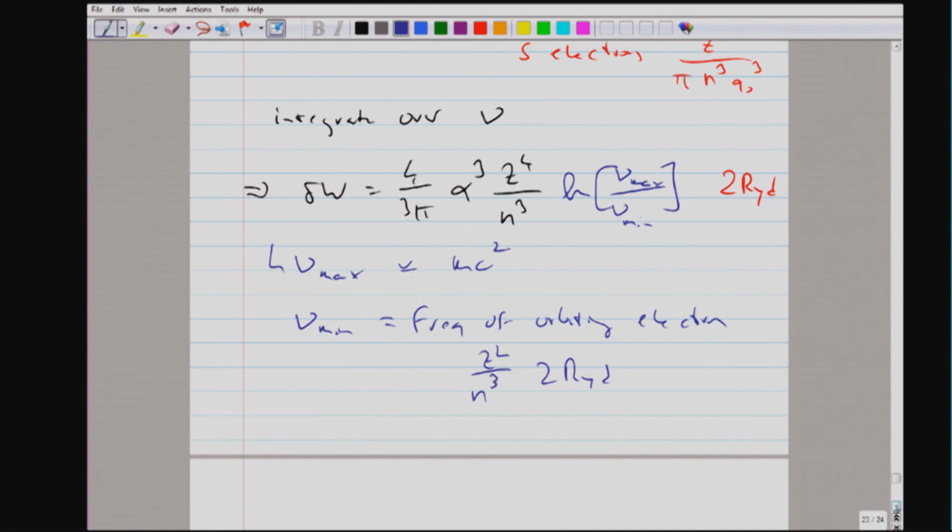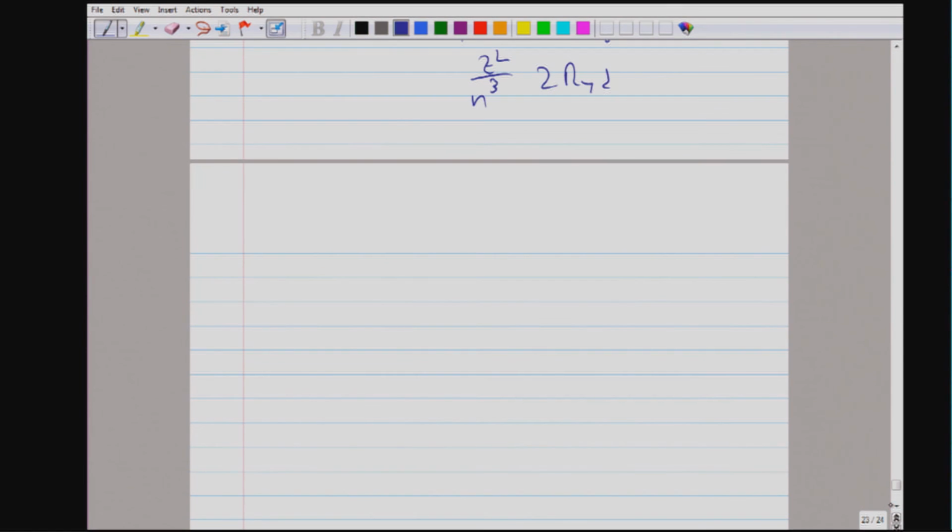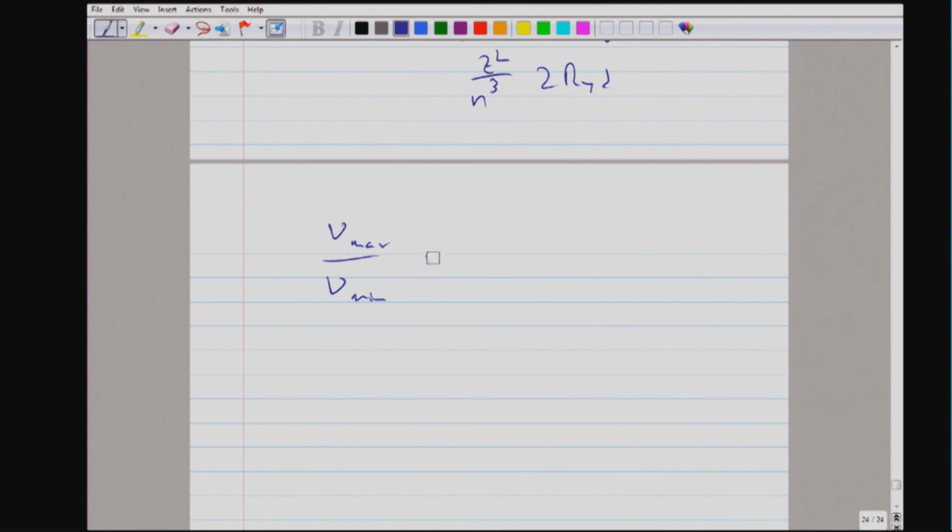So with that, and then I should stop because time is over, we have, a little bit hand-wavingly, but it appears in a logarithm anyway, for the ratio of the upper and the lower cutoff an expression which is n cube over z square times alpha square.